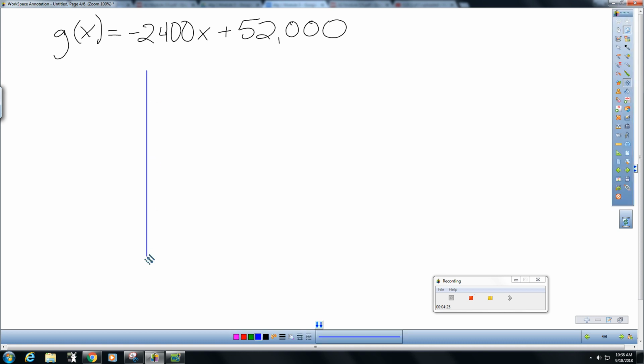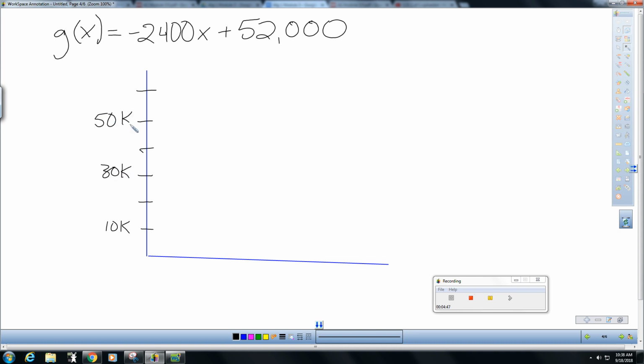So if we just make ourselves an axis, I need to start at 52,000. So let's go up by 10,000. So this is 10,000, 20,000, 30,000, 40,000, 50,000 gallons.